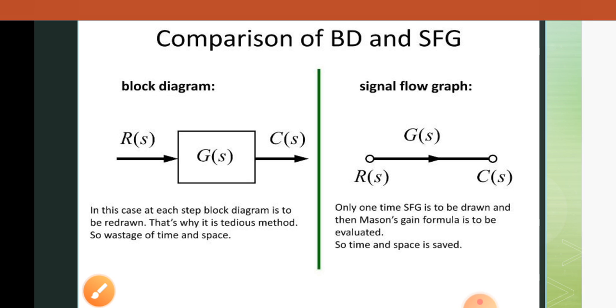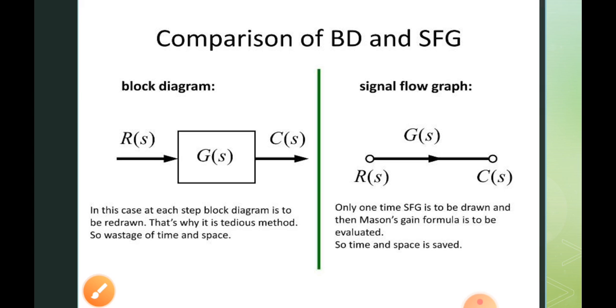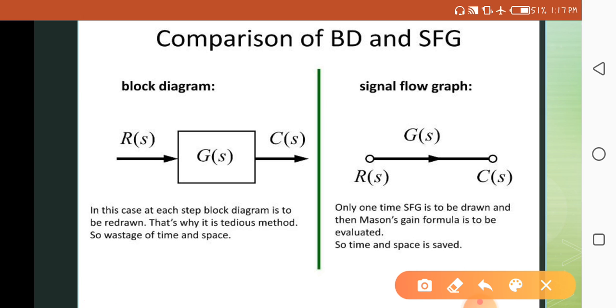Next, the comparison of block diagram and SFG. In the last lecture we discussed the block diagram. In a block diagram we reduce blocks into a new block, so multiple times we redraw the block. Because of this, the wastage of time and space is very high.